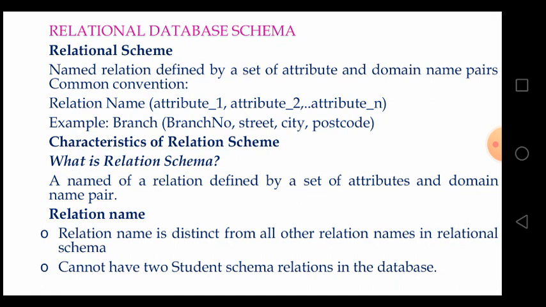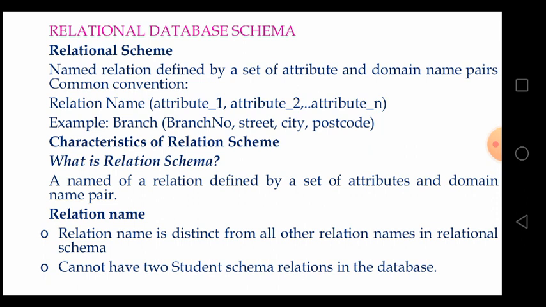This is relational schema. Here the example is relation name, attribute 1, attribute 2, attribute 3, and so on, attribute n. This is the relation name.